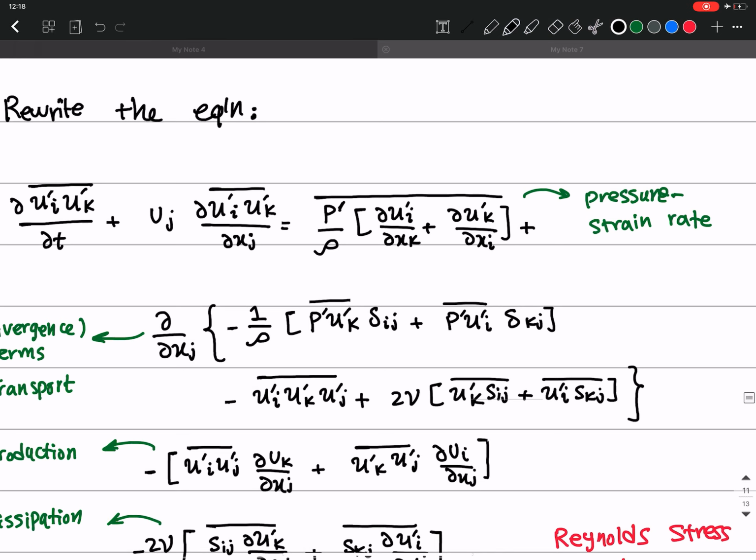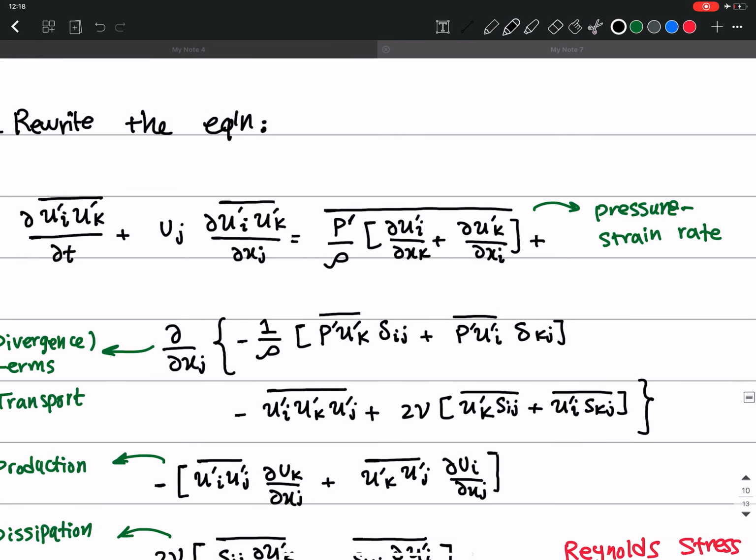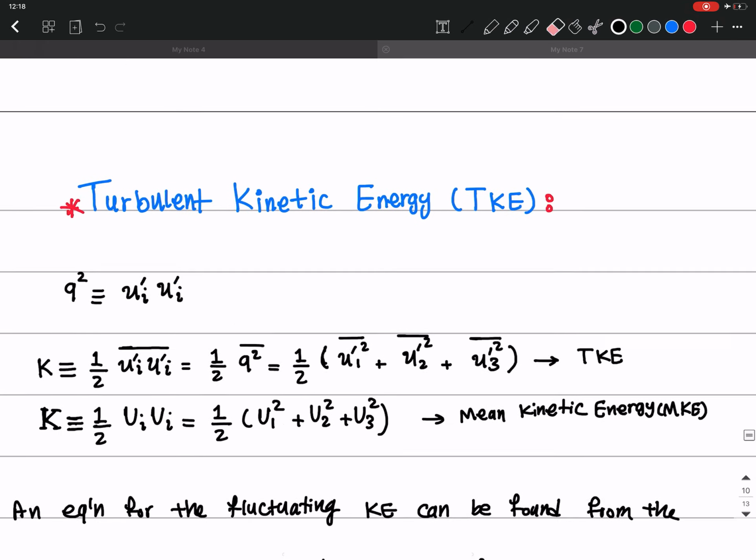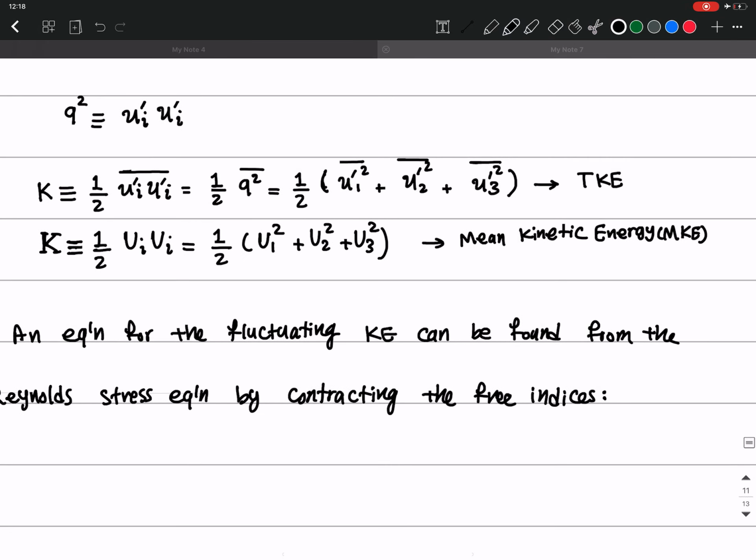Here we had this general form. Instead of k, we need to write it as i. If instead of k we write this equation with i, then we are going to get an equation for u prime i.